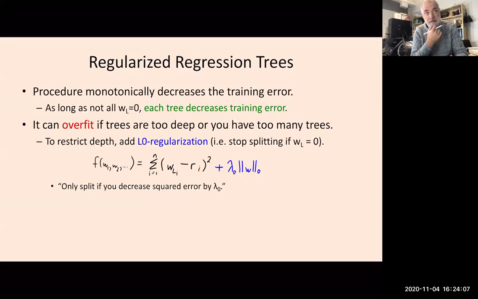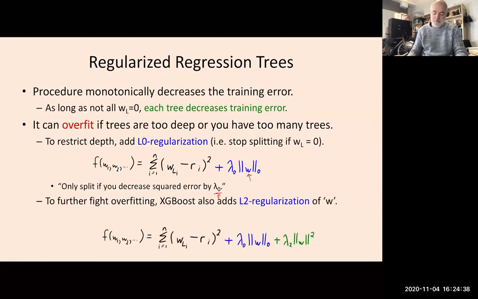So basically regularization comes into XGBoost in kind of an interesting way. To restrict depth, you can add an L0 regularization penalty on the weights themselves, just like we did before, right? So basically, in order to actually add a new leaf anywhere, you have to decrease the ensemble error by lambda naught.